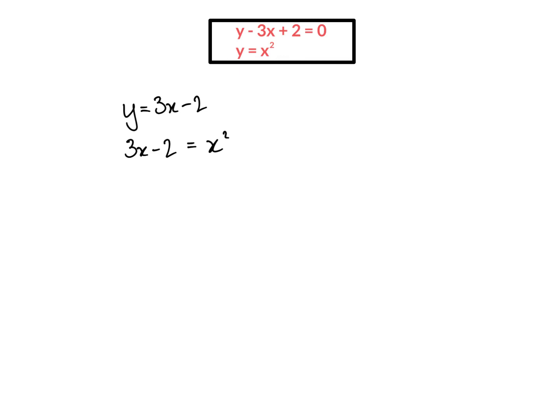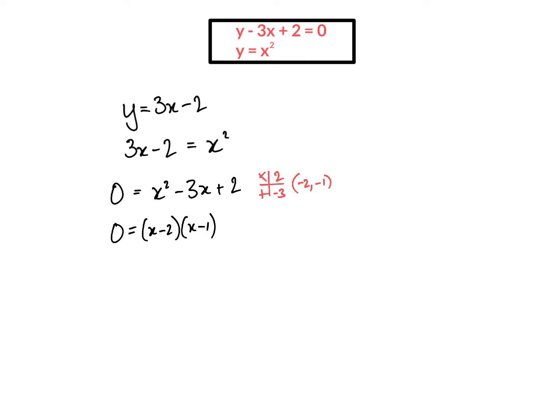So we rearrange this. We're going 0 is equal to x squared minus 3x plus 2. And you're thinking, okay, can I think of two numbers with a product of 2 and a sum of minus 3? And actually those two numbers are minus 2 and minus 1. So this will factorize, and it becomes 0 is equal to (x minus 2)(x minus 1).